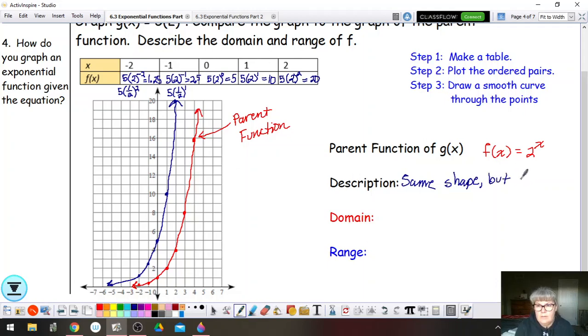But g of x has larger values than the parent function.